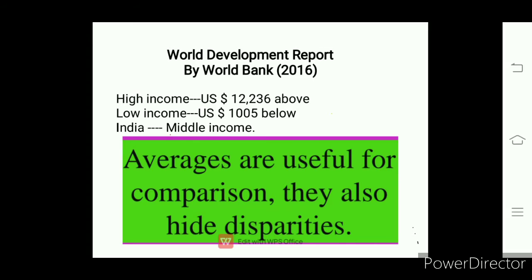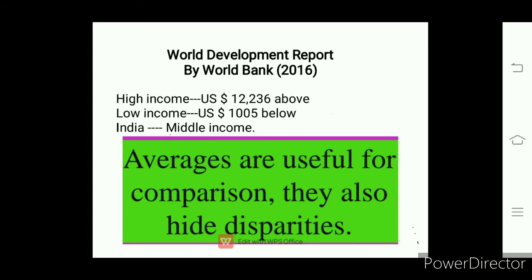Here per capita income is measured in American currency, that is dollars, because every dollar should buy the same amount of commodities for the individuals. So here the income is taken in dollars only.